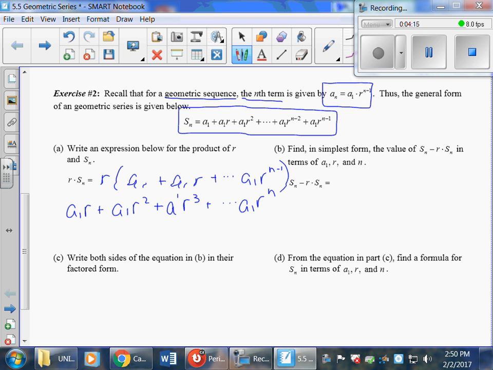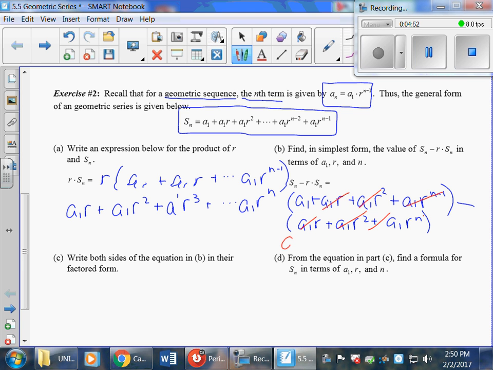When you subtract them, you end up with the a1 plus a1r plus a1r squared plus a1r to the n minus 1, and you subtract out the a1r plus a1r squared plus a1r to the n. If you look here, these cancel, and this one cancels with the one before it, and we're simply left with our first term plus a1r to the nth power.